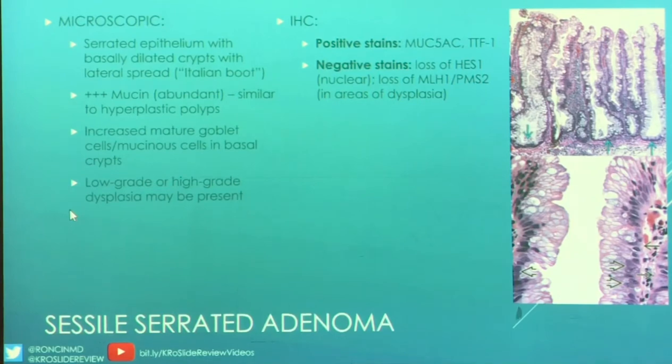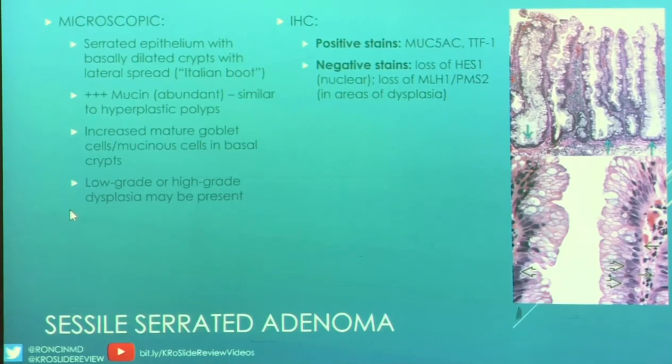But these are mature cells, and what's interesting is that you will still see the mature mucinous goblet cells within the basal crypts. Normally your basal crypts are extremely blue, hyperchromatic, and you don't see too much mucin in there, but in SSAs you will, so that is a different appearance.